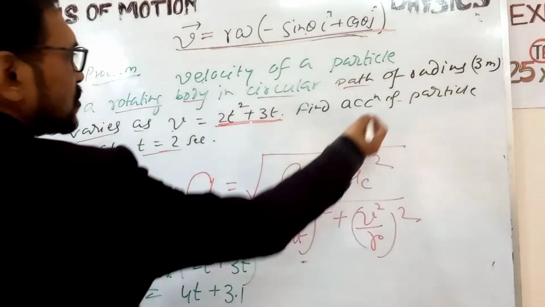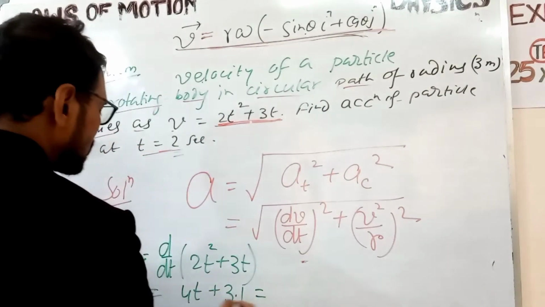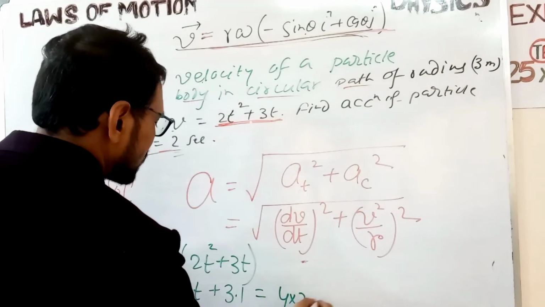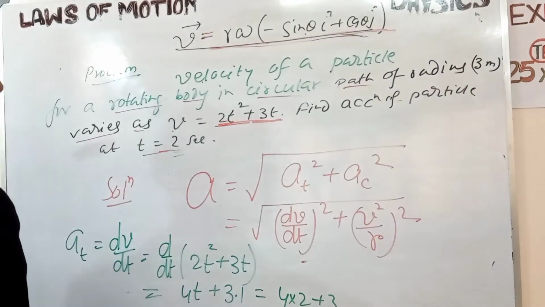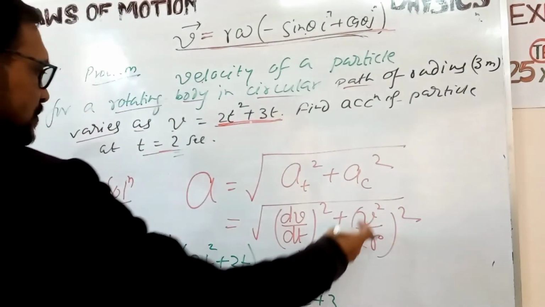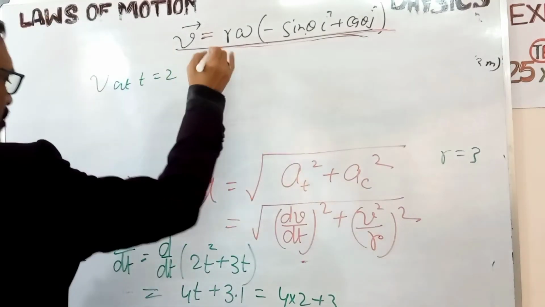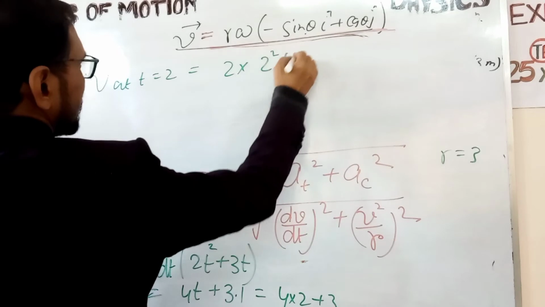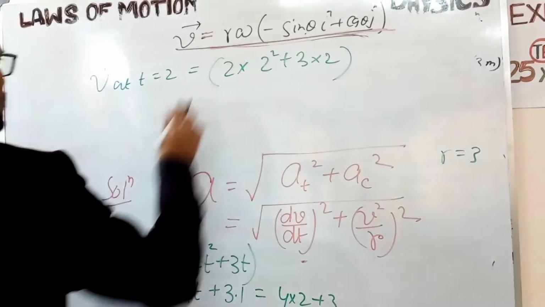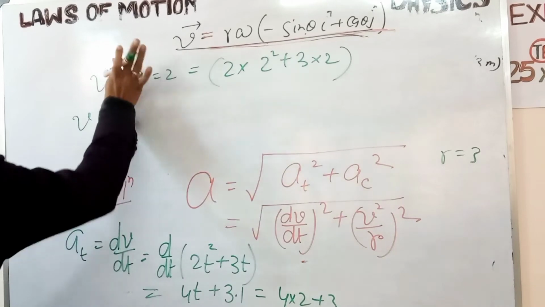Now put t equal to 2 seconds, that is 2 into 2 plus 3, that is 7. Now the velocity at that moment. Velocity equal to t square plus 3t is given.